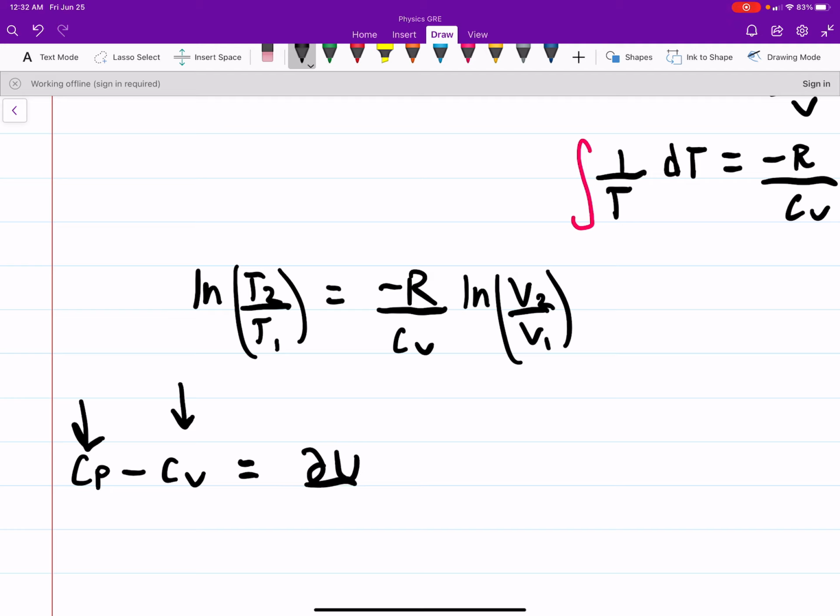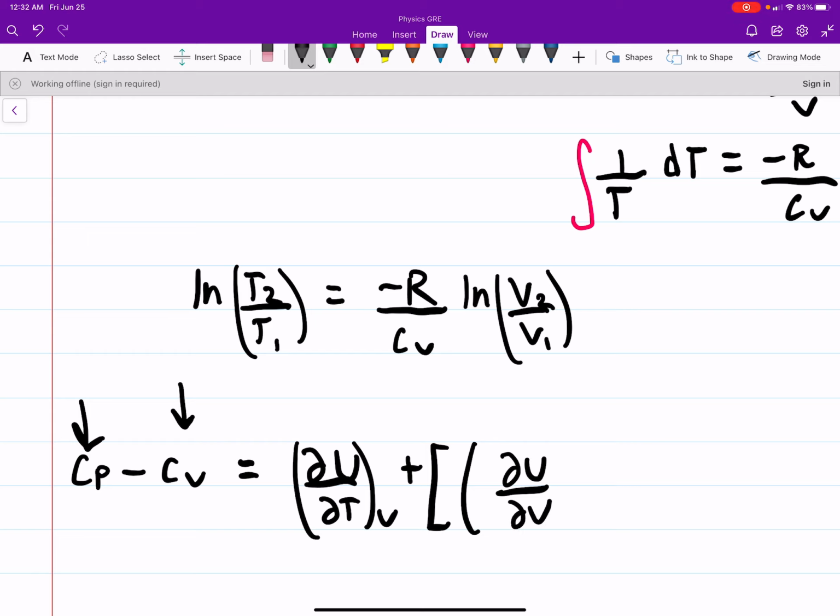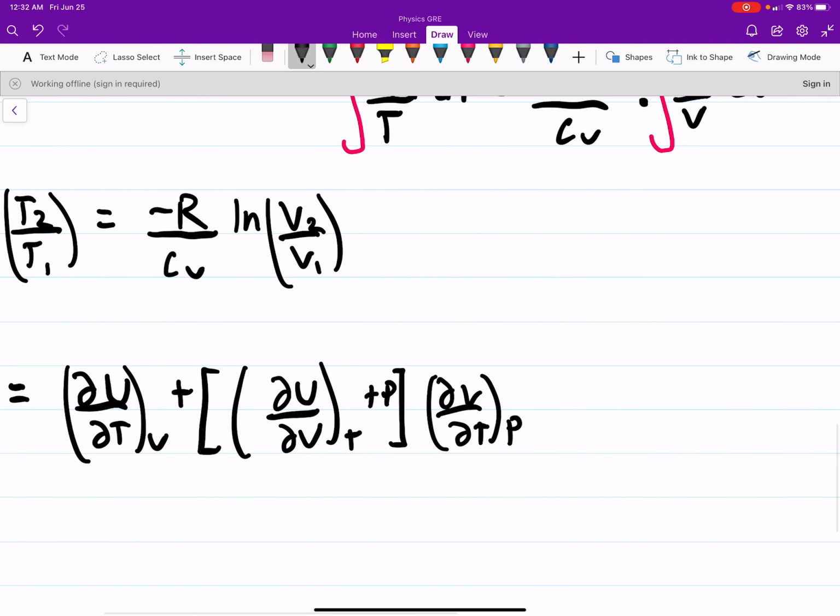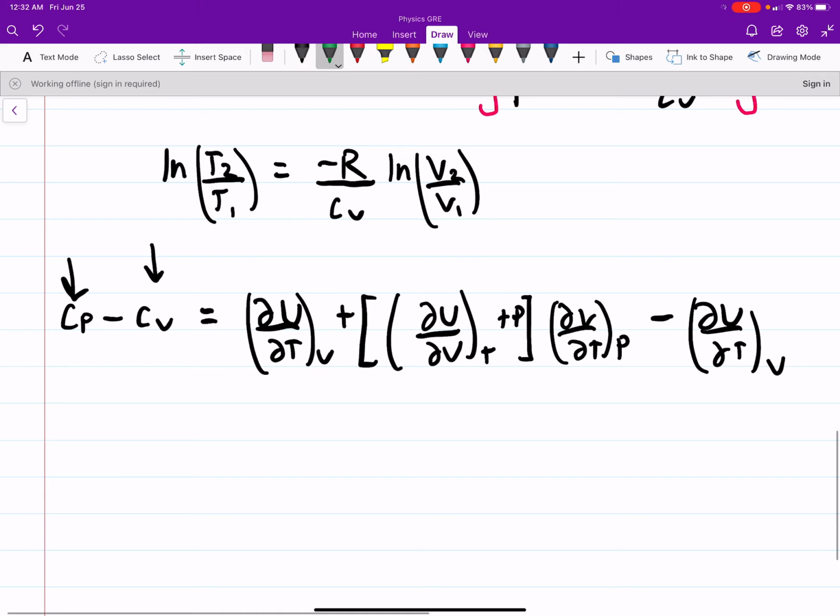This is equal to minus dU/dT at constant V plus dU/dV at constant T plus P dV/dT at constant P. And then you have your minus dU/dT at constant V. So this part is this, and this guy is here.